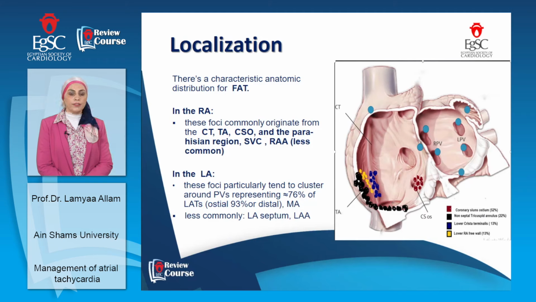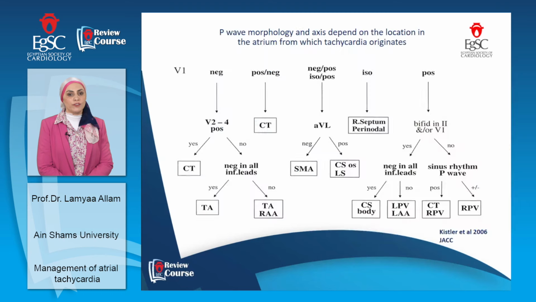While in the left atrium, the common sites of ectopic atrial tachycardia are the ostia of the 4 pulmonary veins, and this is the common site in around 80% of the cases of left-sided atrial tachycardia. The other rare sites are the mitral annulus and left atrial appendage, and the rarest is the left septal atrial tachycardia.